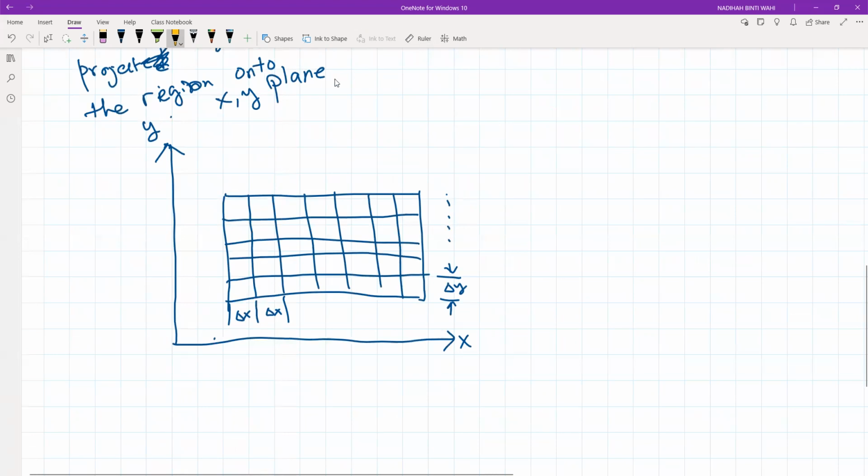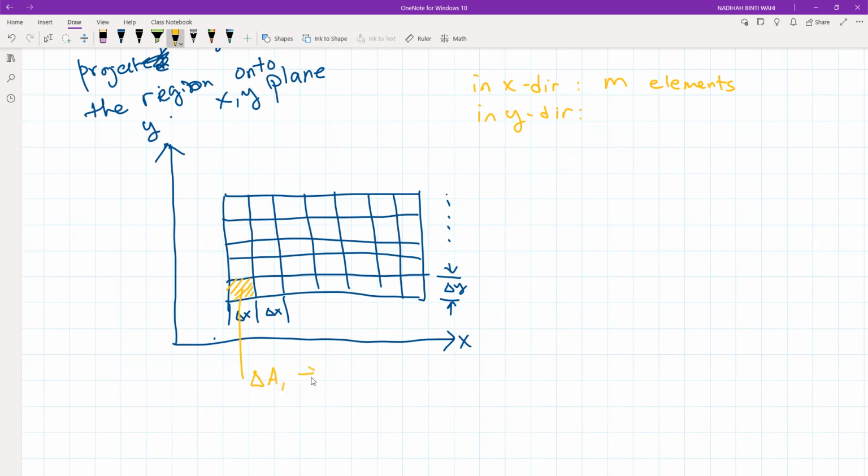So I said in this case, let's say in the x direction, and then in the y direction, I have m elements. What does that mean? If I choose this box 1, let's say this is delta A1.